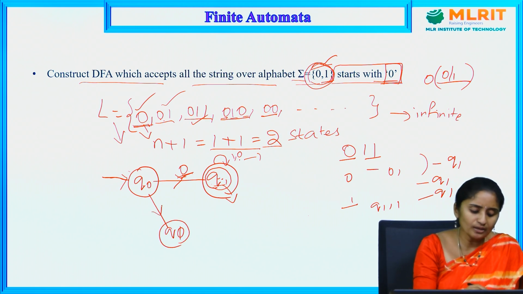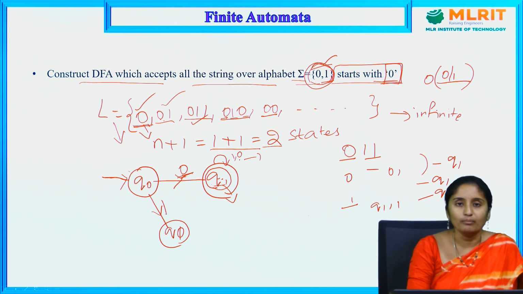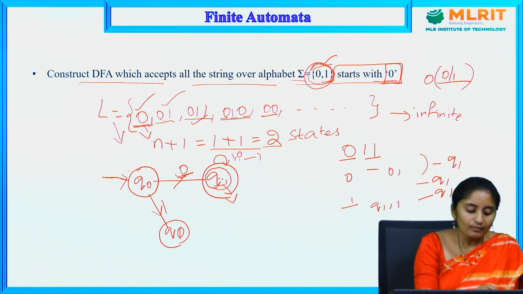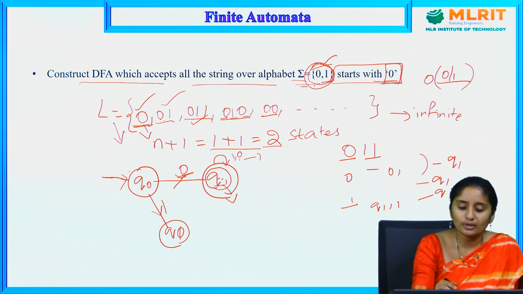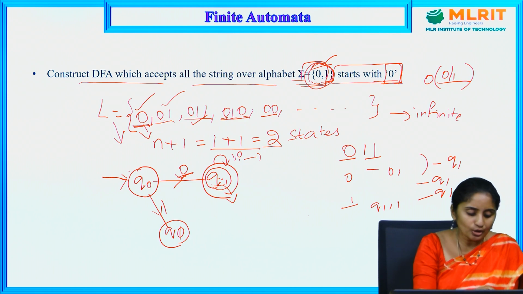This dummy or dead state is holding one input. For every state, there should be 2 inputs. Why 2 inputs? Because according to this diagram, there are 2 input symbols. So Q0 has 0 input and 1 input.